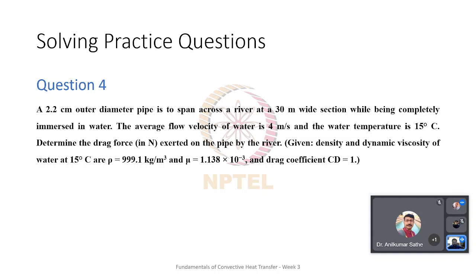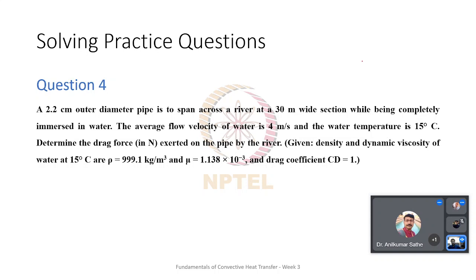You have to figure out the net drag force exerted on the pipe by the flowing water. So it's the total friction force exerted on the pipe by the flow.